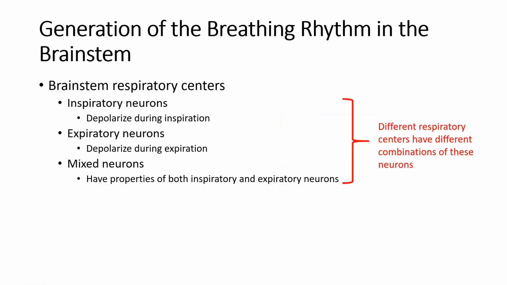We've got inspiratory neurons that are usually depolarizing or firing action potentials during inspiration. Then we've got expiratory neurons that do the same during expiration. We also have mixed neurons, which have properties of both, so they're active during inspiration as well as expiration. And we see different combinations of these in the different areas that we're going to speak about.